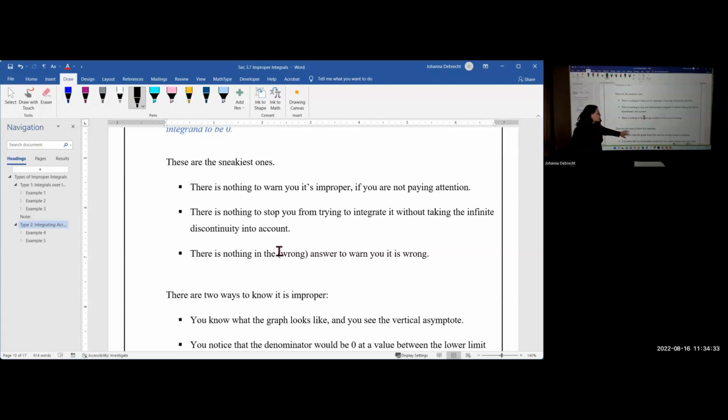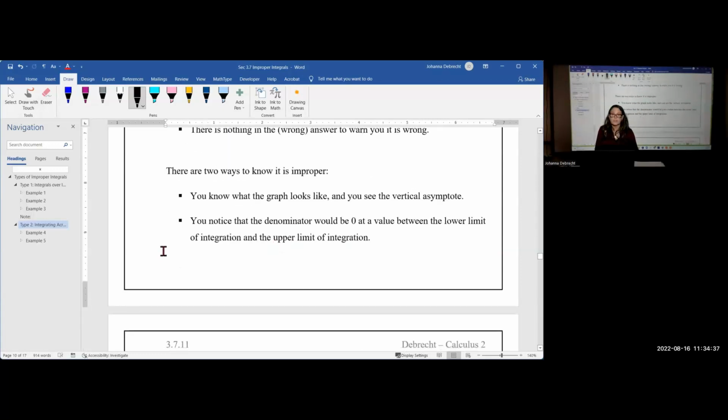So here are some ways to know for sure that it's improper. Two things. The easiest, of course, is to graph the integrand and look between the lower and upper limits of integration, the interval over which you're integrating, and see if there's a vertical asymptote. If there's a vertical asymptote, it's improper, and we're going to have to deal with that. The other thing you can do is look at the integrand and ask yourself what would cause the denominator to be 0.